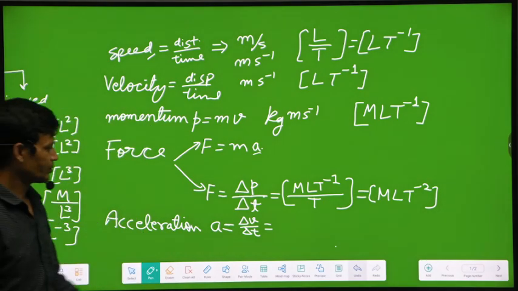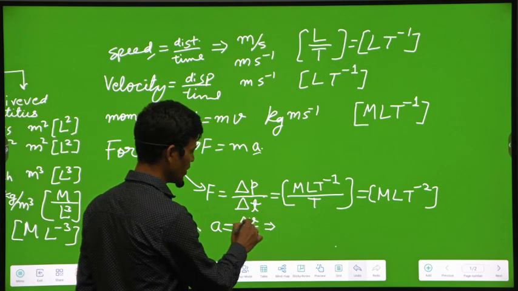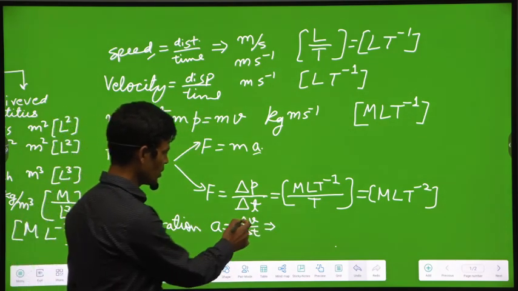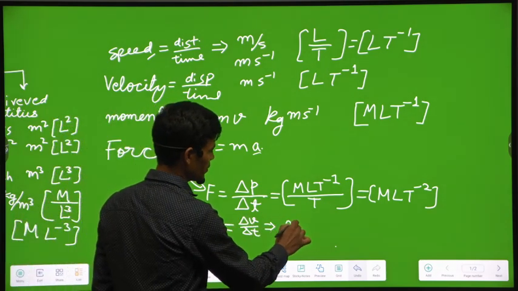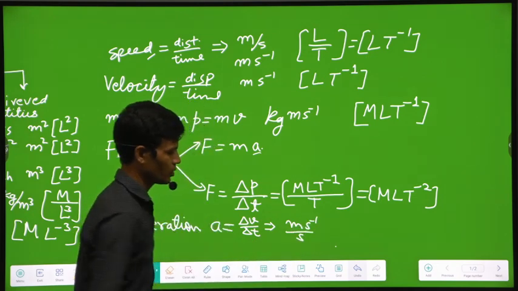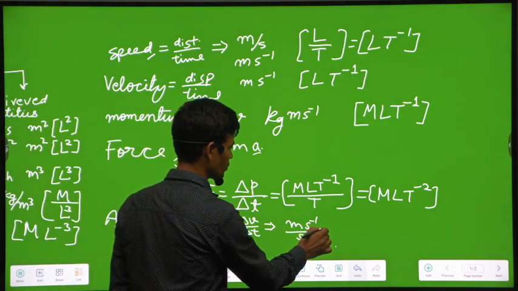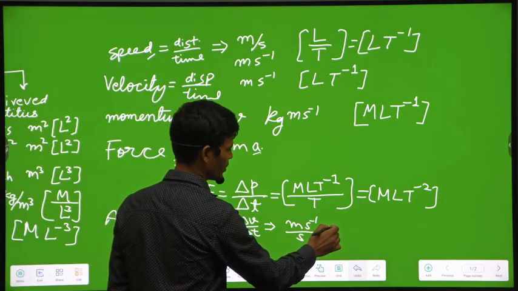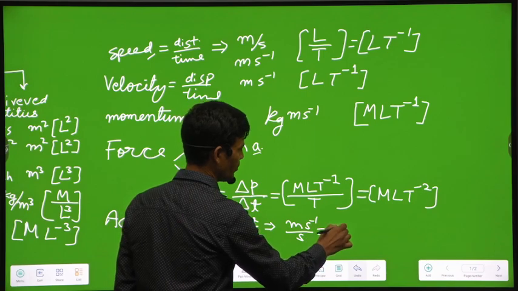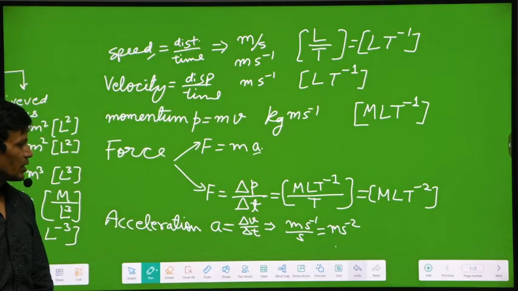Let's find its unit first. Velocity, meter per second, divided by time, second. So again, exponent rule, m s minus 2. So this is the acceleration.